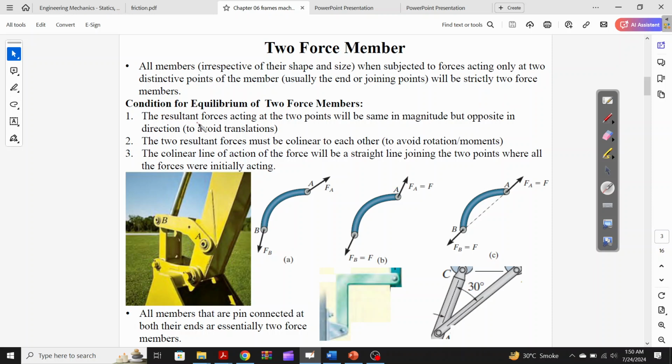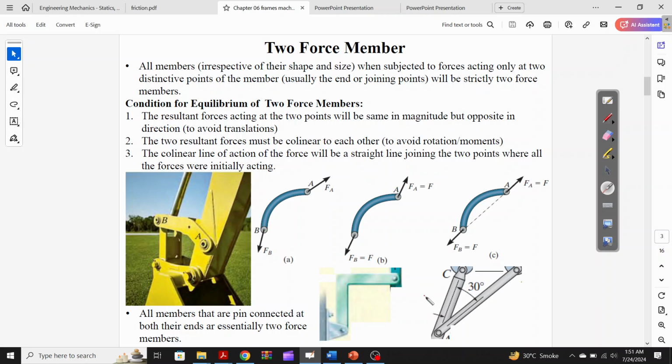The conditions for two force members are: the resultant forces acting at the 2 points will be the same in magnitude but opposite in direction to avoid translation. The two resultant forces must be collinear to each other to avoid rotation from moments. The collinear line of action of the forces will be the straight line joining the 2 points where the forces are acting.